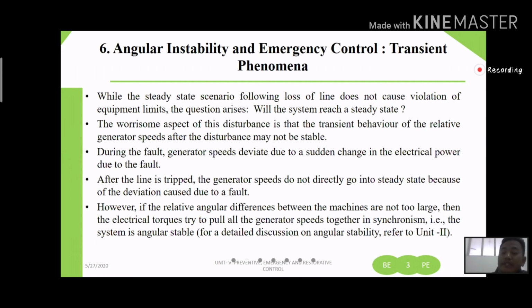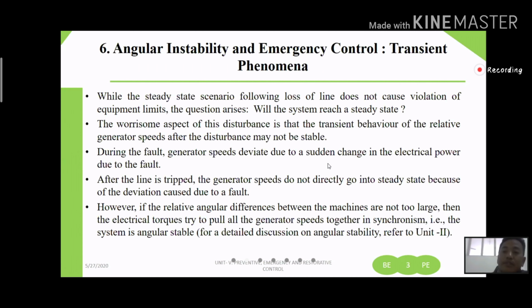But if it is not bringing it to the steady state, meaning it keeps on in the transient state, then what do we have to do? If it brings back to the steady state, then it is well and good. But if it is not bringing back to the steady state, then in this transient state we will not be able to supply the required demand, or a complete blackout will happen.